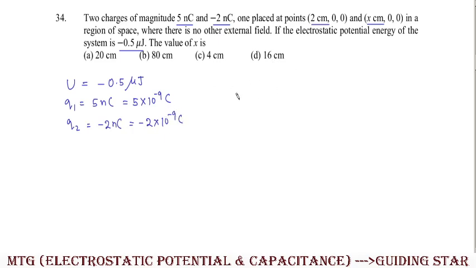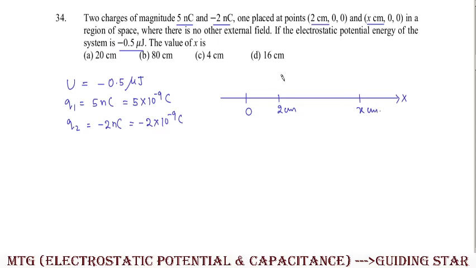So if I draw the figure of this one, let this be the origin over here, and here along the positive x direction, let it be 2 centimeter, and over here anywhere else let it be x centimeter.